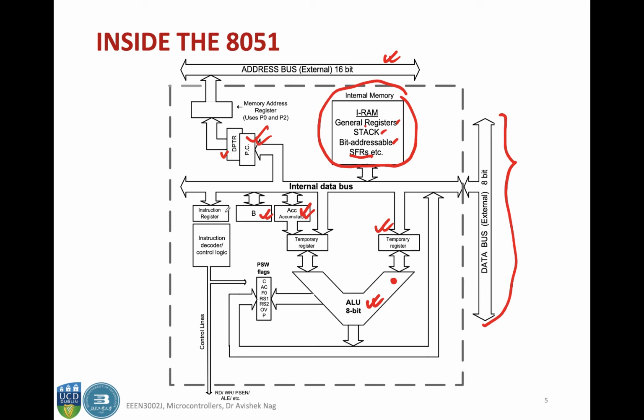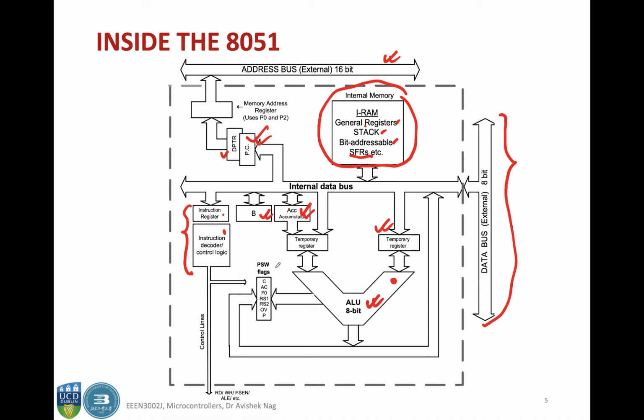You have the instruction register and the instruction decoder. So these are the dictionary of the microcontroller, as you learned in the last class. They decode the different instructions and then convert them to machine level or assembly level language for the microcontroller to operate.